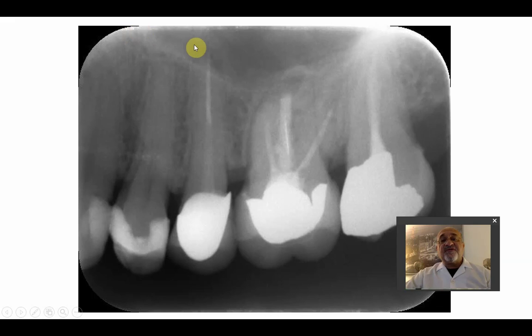The level also differs. Sometimes the level goes well above the apices of the posterior teeth. Sometimes it extends down. Of course, it casts a shadow on the teeth, and it goes down especially in cases of pneumatized maxillary sinus. It's not always necessary that the right and left maxillary sinuses should be equal in size and shape.